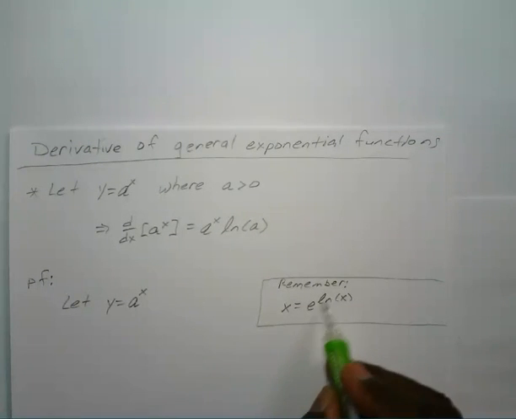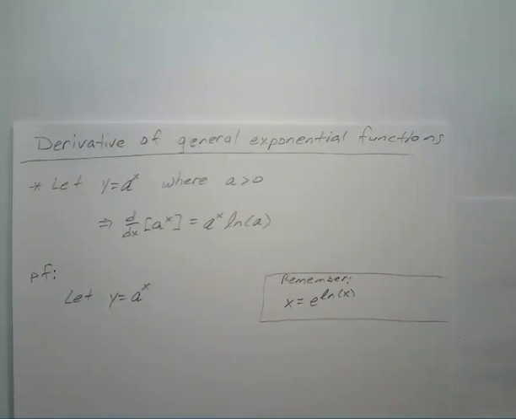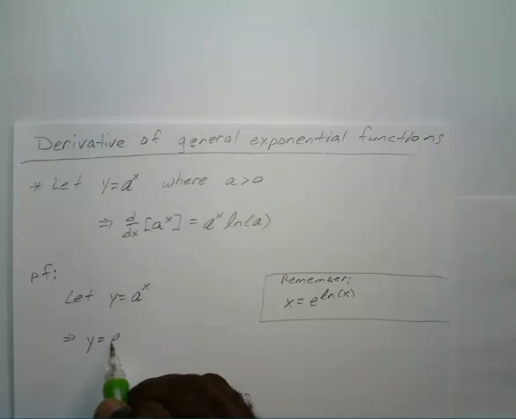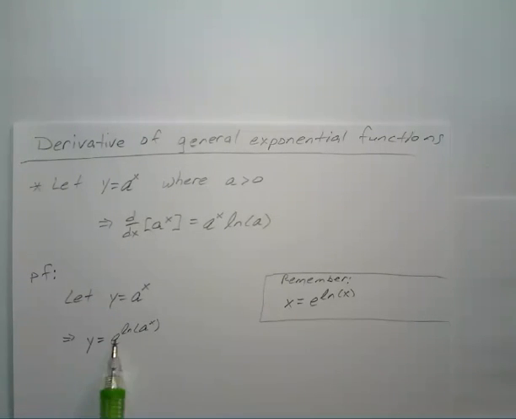So the e and the natural log cancel each other out. That means we can rewrite this equation as y equals e to the natural log of a to the power of x. Because the e and the natural log cancel out, you're just left with y equals a to the x.